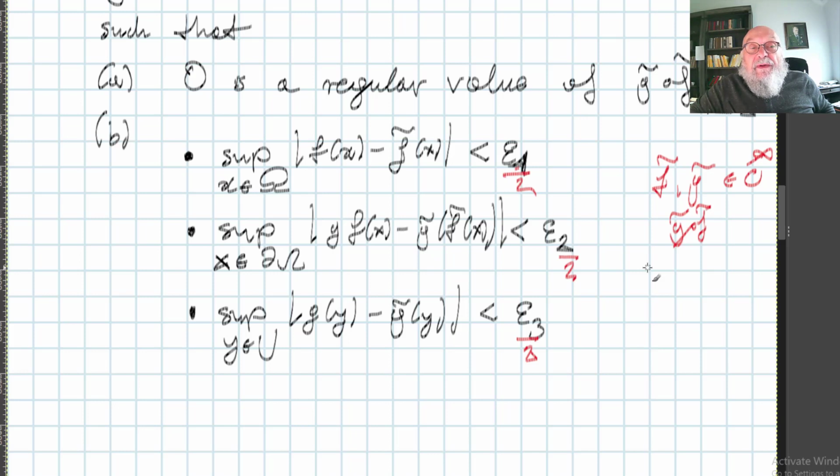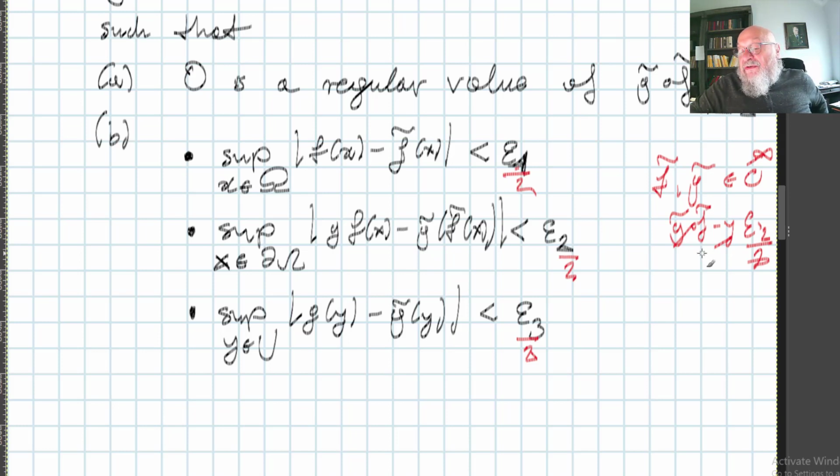So once you have it, you just simply choose a regular value which is again smaller than any of those, for example epsilon 2 divided by 2, and then you correct the map by subtracting this regular value. You will get a map that satisfies condition A, and that means we have B and A satisfied. So all these conditions would be satisfied.